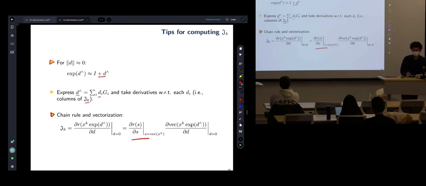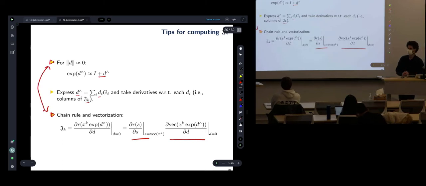Then that transformed point possibly depends on the pose, and we can linearize the second part using these techniques. Vectorization is always possible if you're dealing with matrices. You can vectorize your matrix and calculate them. But I will use a mixture of chain rule and first order approximation, and that will be simpler. These are general advice on how to compute the Jacobian if you need to.